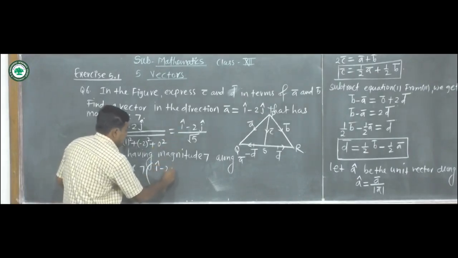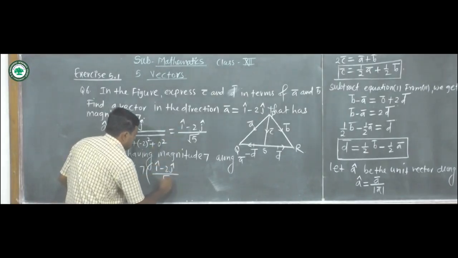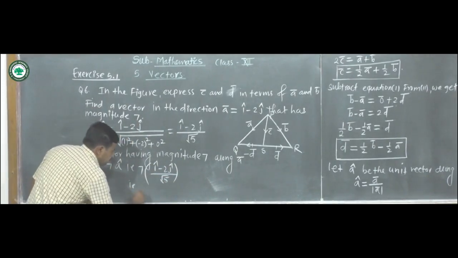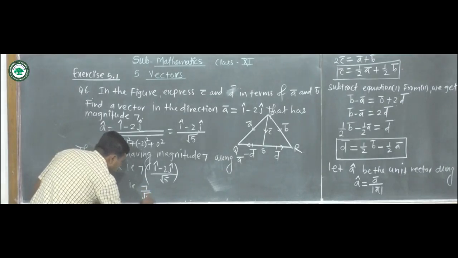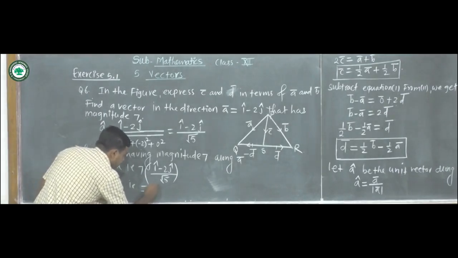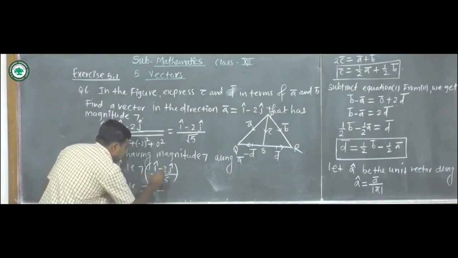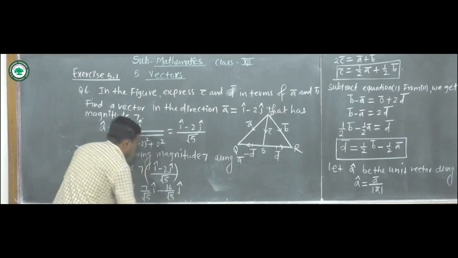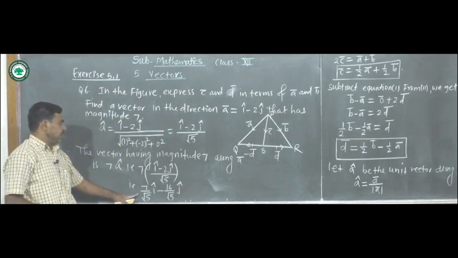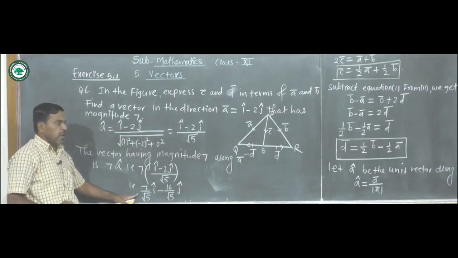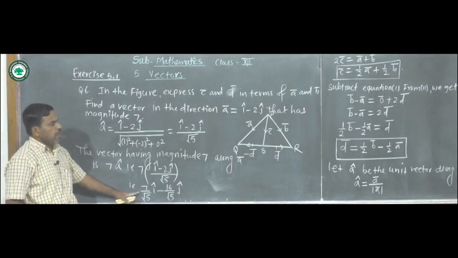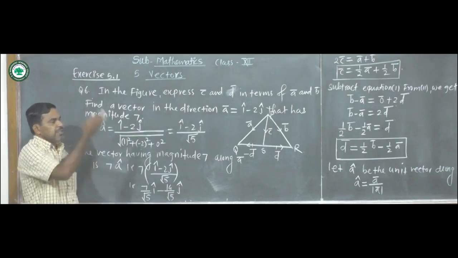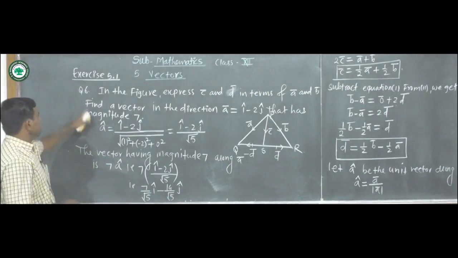I cap minus 2j cap divided by square root of 5. So that is 7 upon root 5 into I cap minus 7 into 2, that is 14, divided by square root 5 into j cap. So this is the vector having magnitude 7 and which is in the direction of A bar, that is I cap minus twice j cap. So this is the complete solution for the question 6.